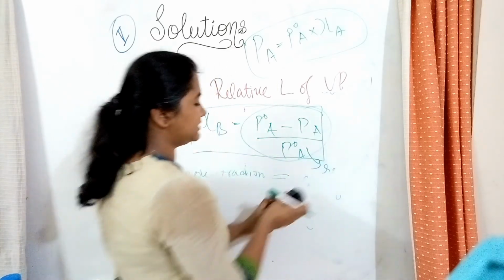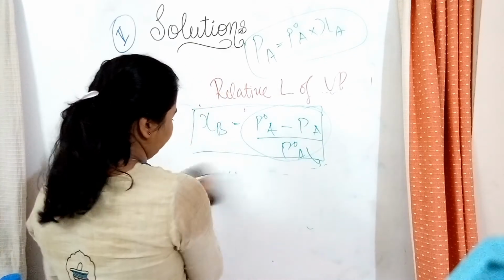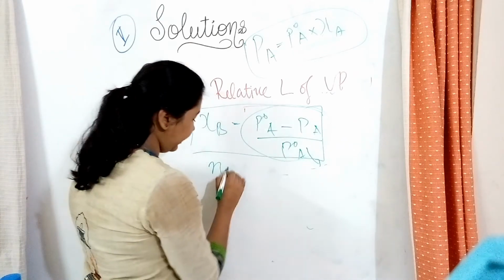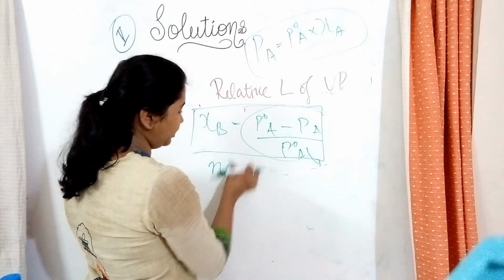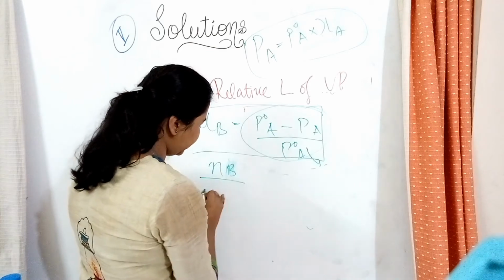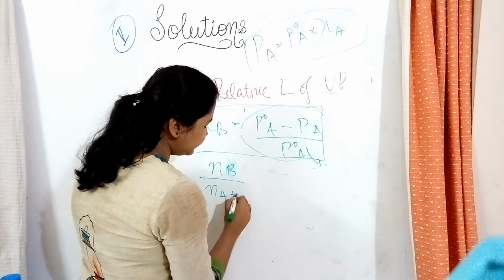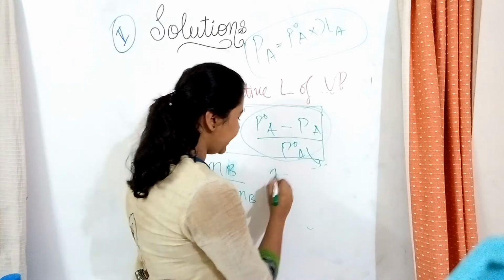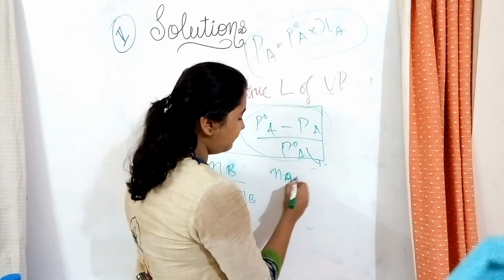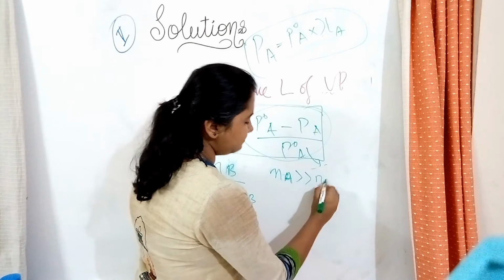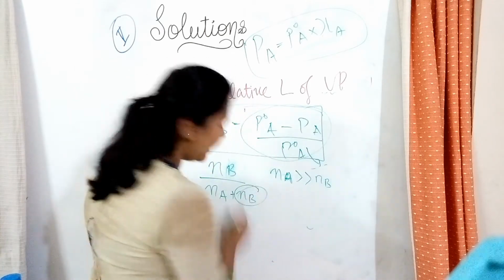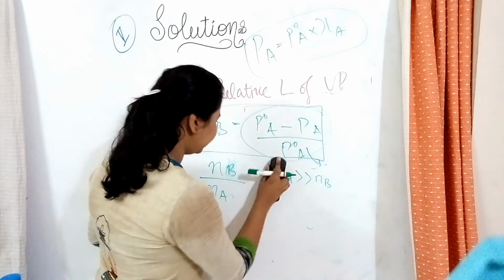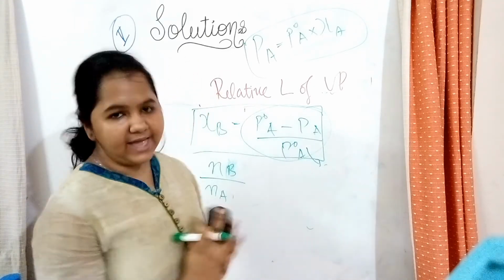So what is the equation for mole fraction? What is that? Nb, or over here it's Nb, no? So chi B is equal to Nb divided by Na plus Nb. Since Na is much greater than Nb, we'll ignore this Nb in the denominator. So we just have Nb by Na.